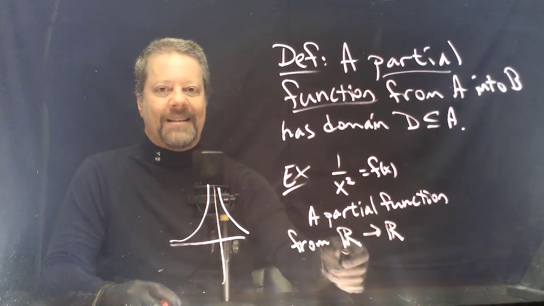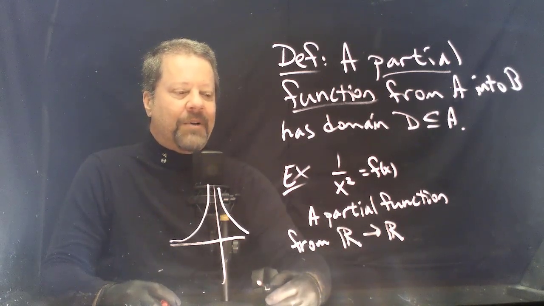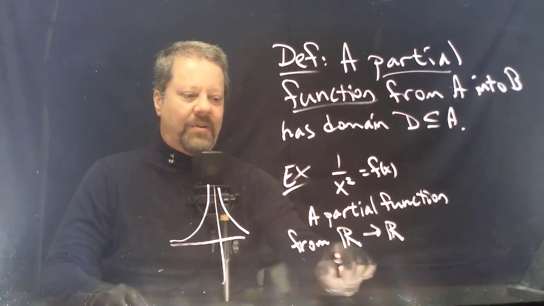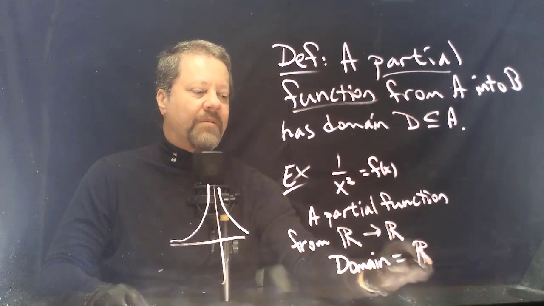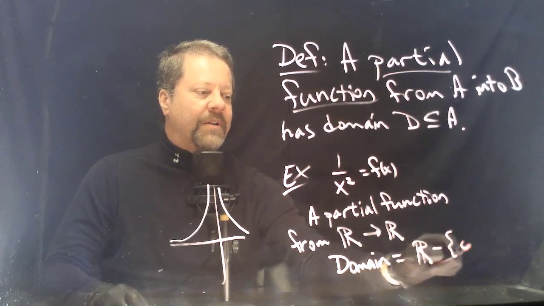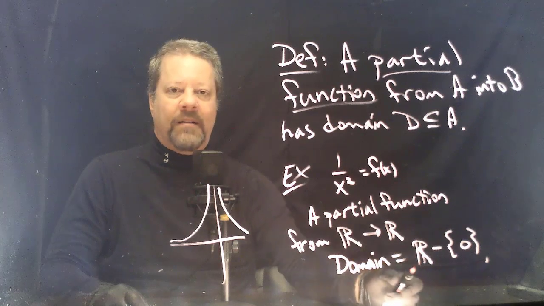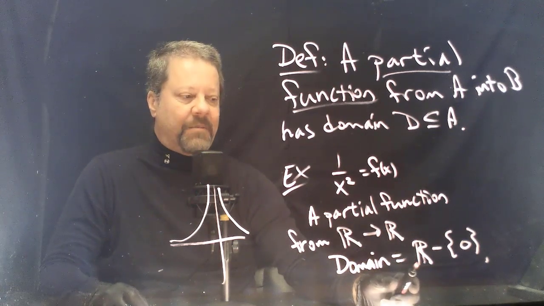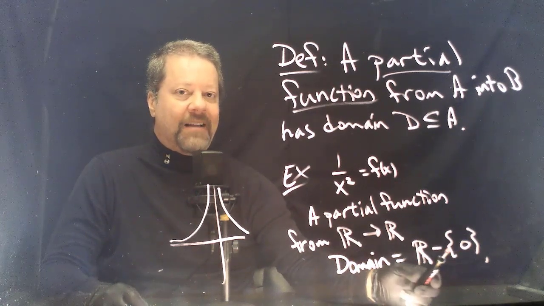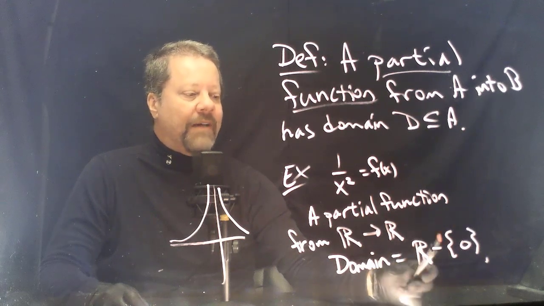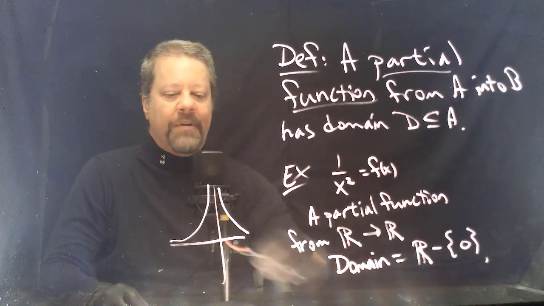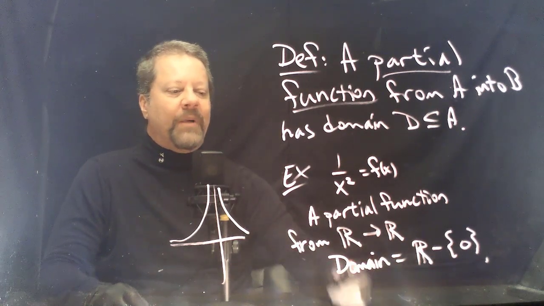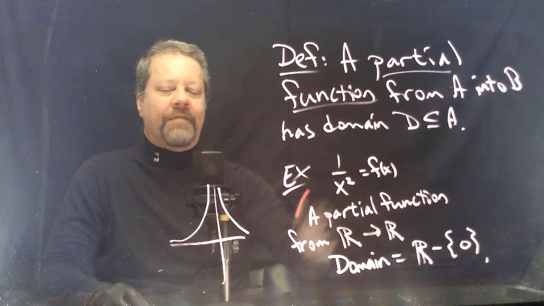It's just the domain is not the entire set of real numbers. The domain is all real numbers except 0. R is a set of real numbers, and you have to subtract things that are of like kind. So you have to subtract the set that contains 0. So that removes 0 from the domain. But we can have a partial function from R to R defined in this way.